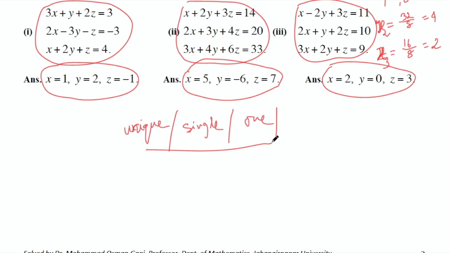However, when a system has infinitely many solutions, we cannot calculate. When d equals 0, we can say that the system has no unique solution, no single solution. It can have infinitely many solutions.